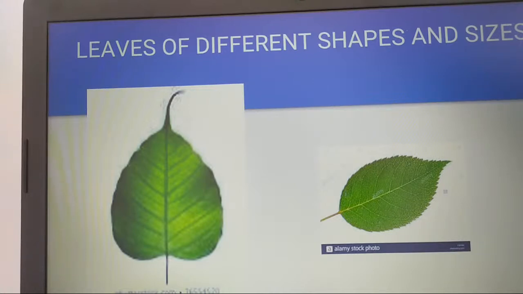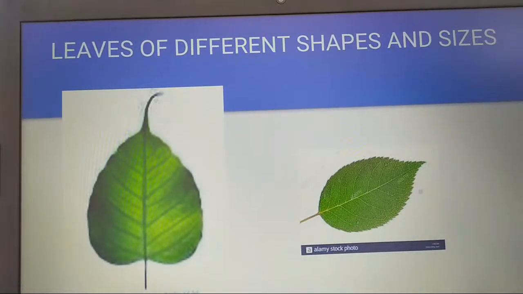Well, I have taken these two examples. We find many more around us. You can see here the example of peepal leaf, which is large compared to the second leaf, that is the rose leaf. Even though leaves look different, they have a common structure. Do you agree to the point? Yes. Let's study about it.